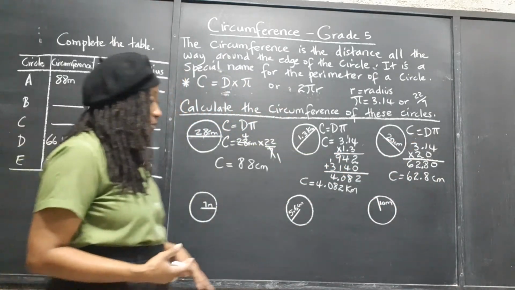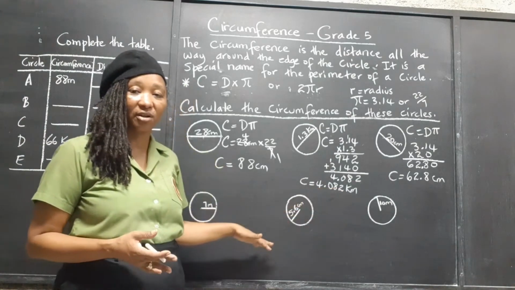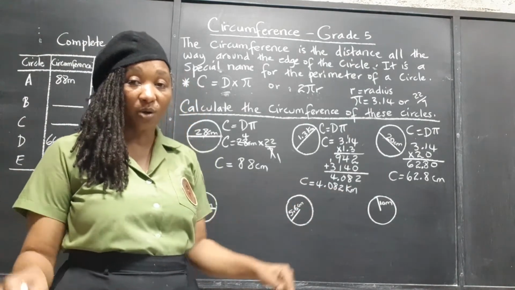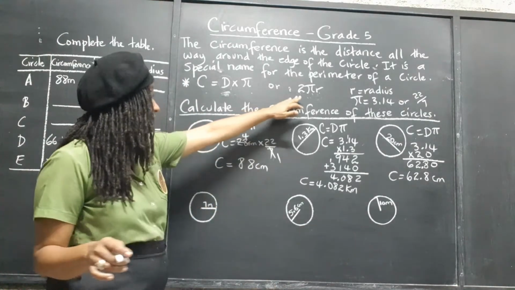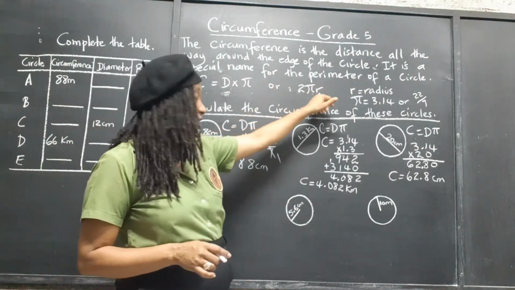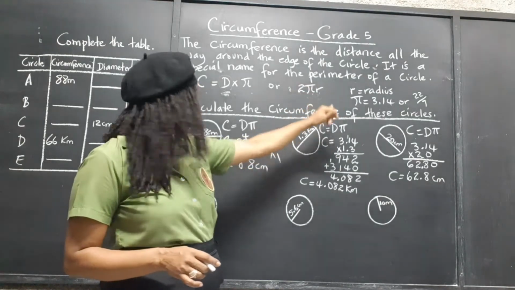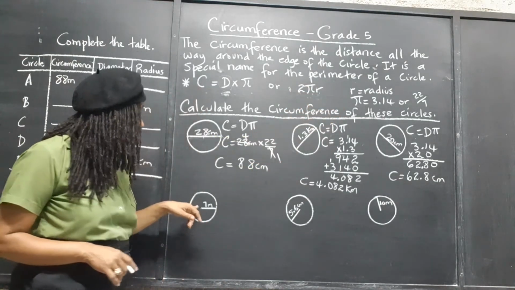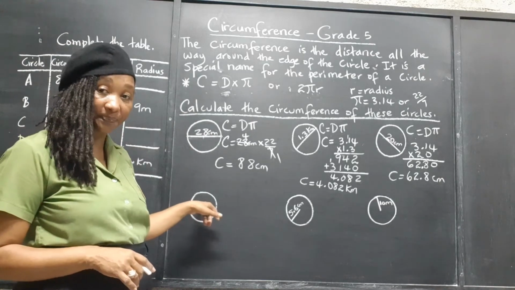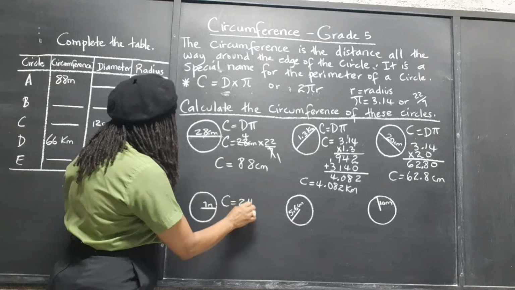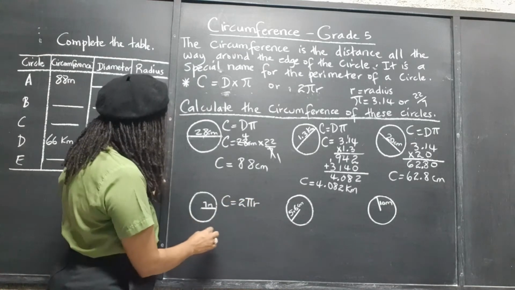Alright, so now these circles, they gave us the radius. But we're good with that, because if they give us the radius, we just use this formula. 2 times pi times the radius. And since this is a multiple of 7, we write our formula, 2 times pi times the radius.